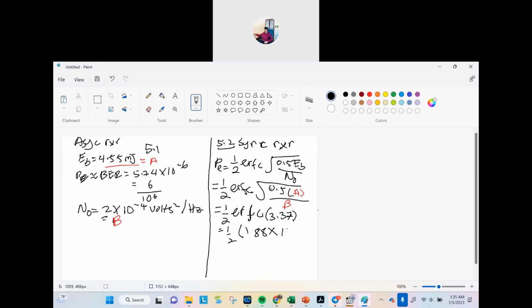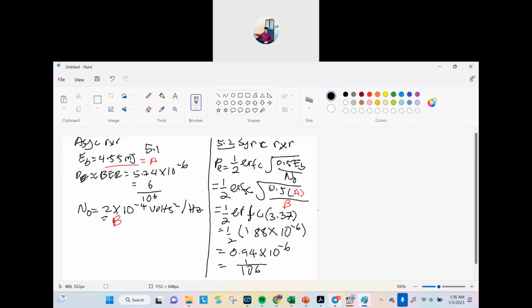So when you refer to the error function table, you get 1.88 times 10 to the power of negative 6. Then you divide by 2, you get 0.94 times 10 to the power of negative 6. This is equivalent to 1 over 10 to the power of 6.